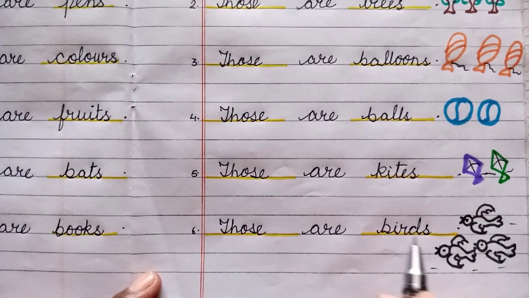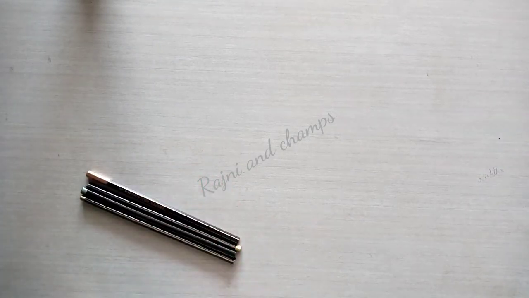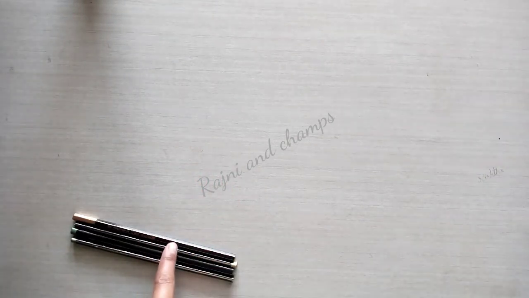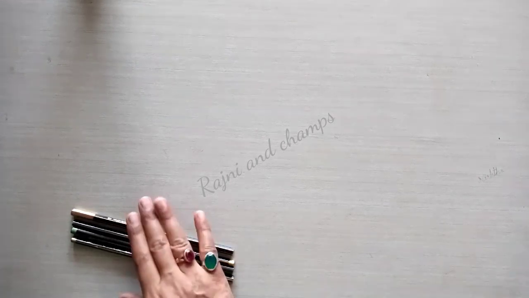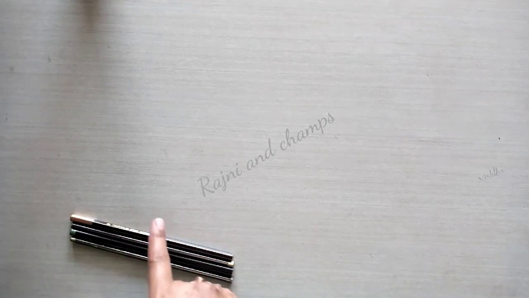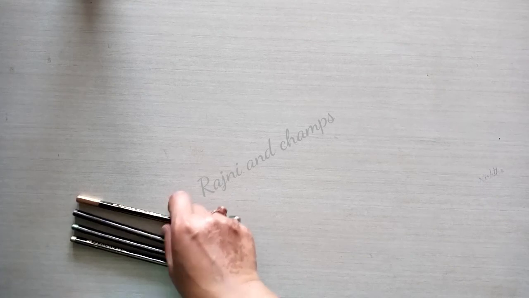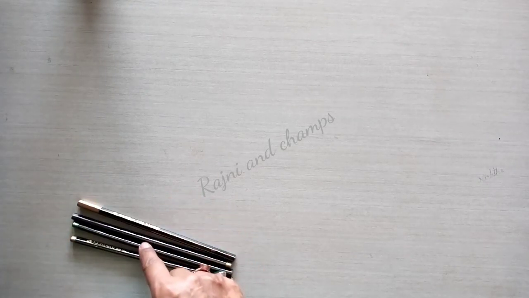Now those are birds. So children, now answer me. What are these? Yes, very good. These are pencils. They are close to me. So I am saying these are pencils. These are more than one. Yes, can you count? 1, 2, 3, 4.